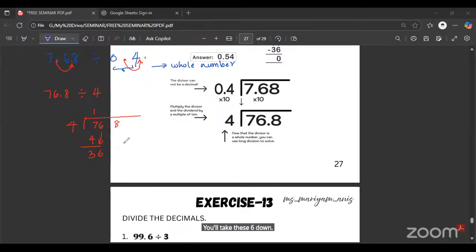In 36, how many 4s do you have? 9. You take this 8 down. In 8, how many 4s do you have? 2. So your answer will be 19.2. Do you get that? Yes, miss. All clear? Yes, ma'am.